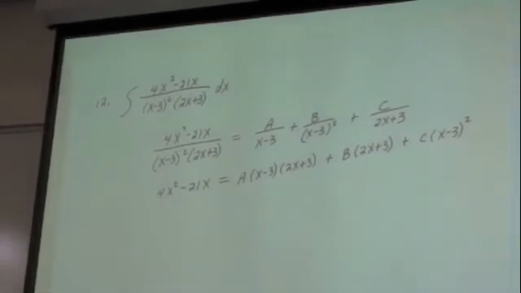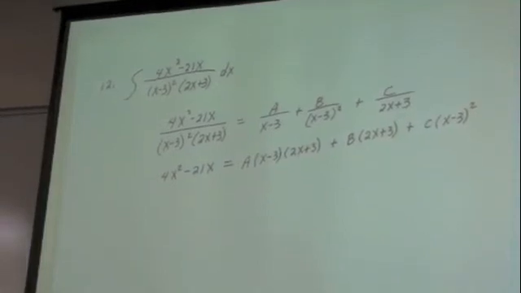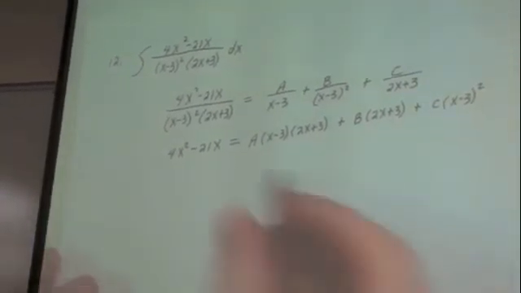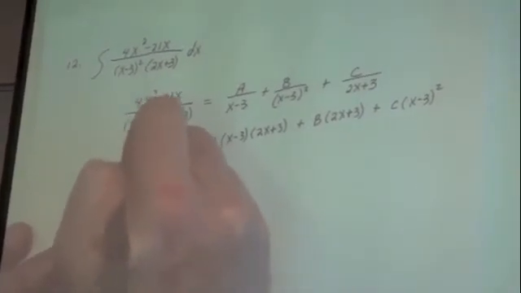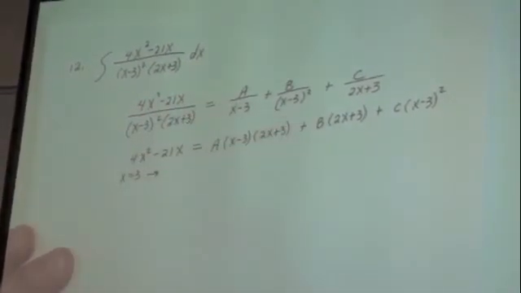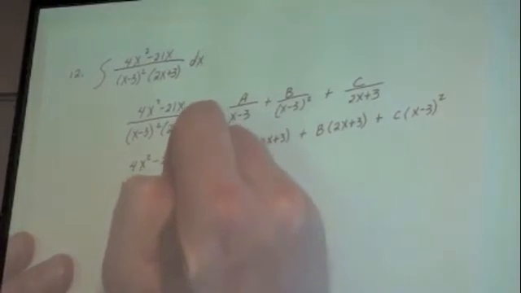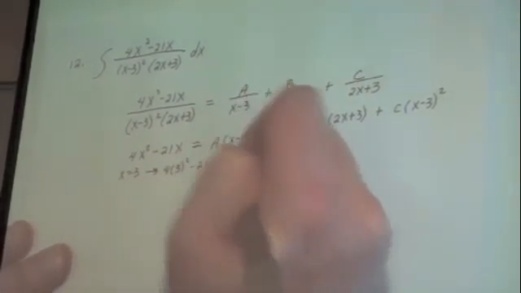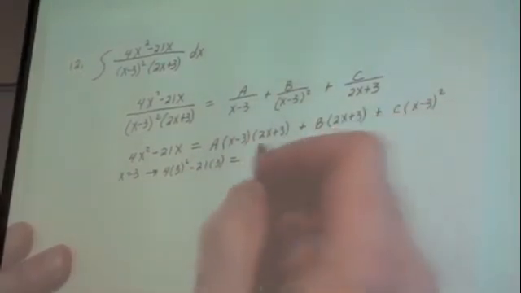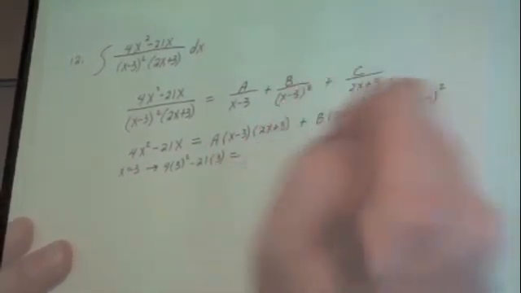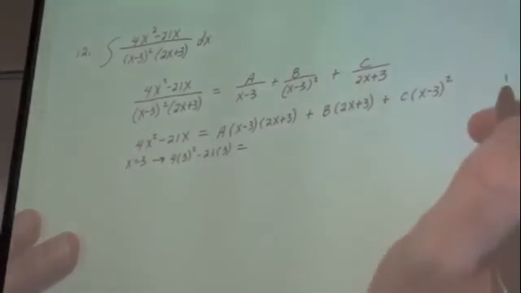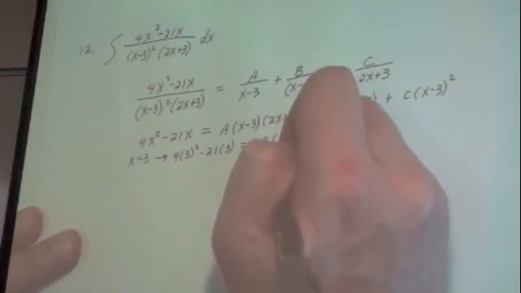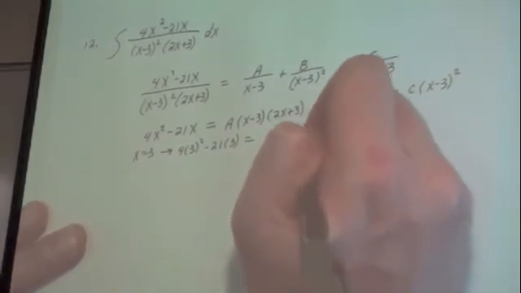So, guys, if I wanted to solve for B, what would you let x equal? 3. So, if I let x equal 3, on the left-hand side, it's going to be 4 times 3 squared minus 21 times 3. The A would be times 0, the C would be multiplied by 0, and the B is going to be multiplied by 2 times 3 plus 3.